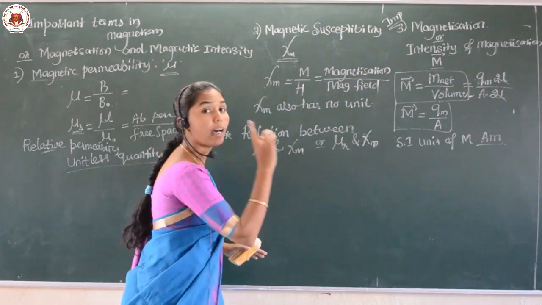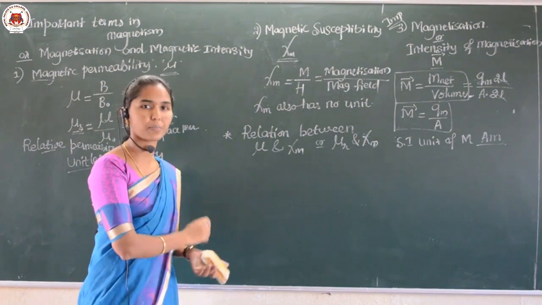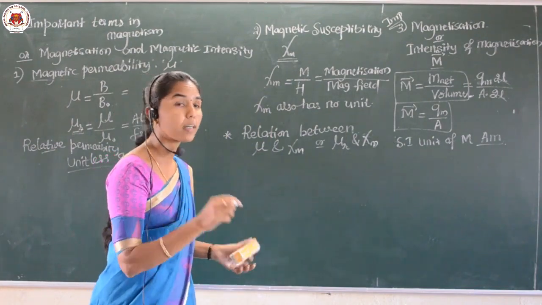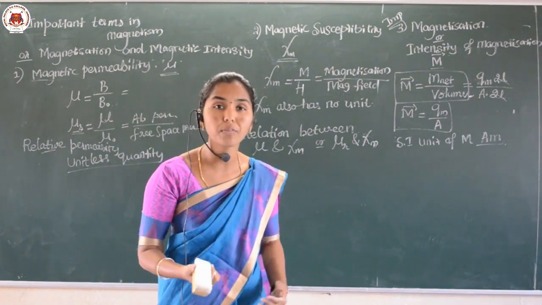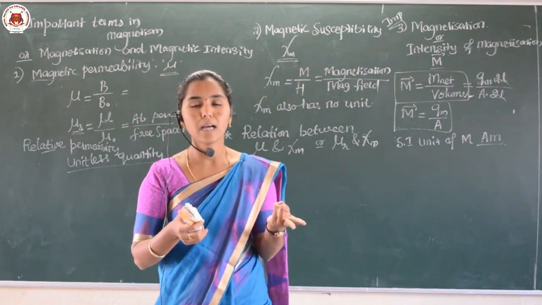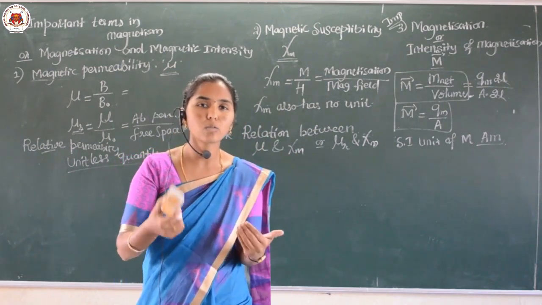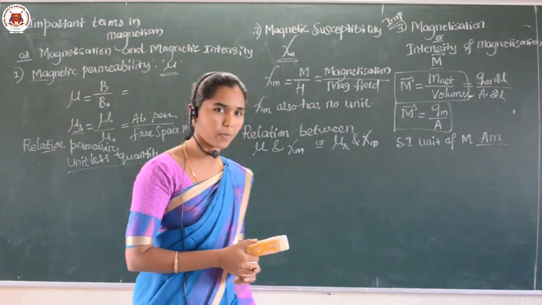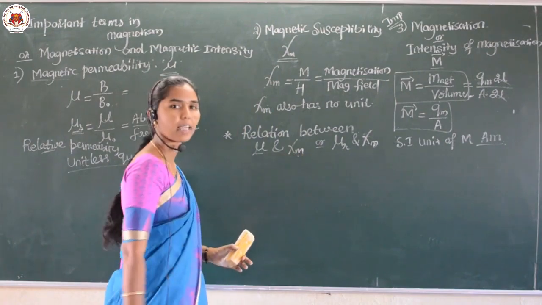Mu r is the relative permeability, Xi m is the magnetic susceptibility. And remember, the susceptibility value is different for different types of material. That means you will study about diamagnetic, paramagnetic, and ferromagnetic materials, which we study in the next video. Now focus on the relation between mu and Xi m.